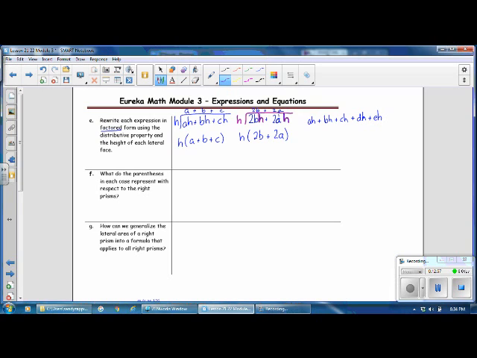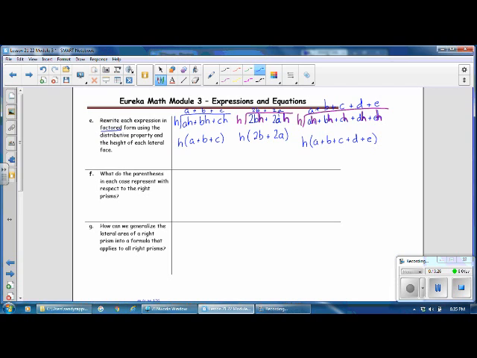And the common factor is H. So we can factor that out, and that will leave us with A plus B plus C plus D plus E. So the factored form is H times the quantity A plus B plus C plus D plus E.